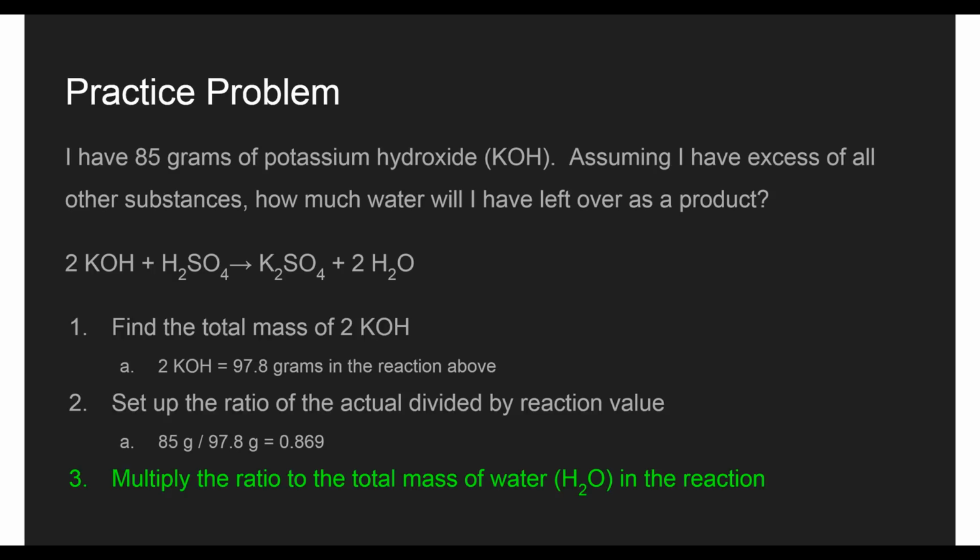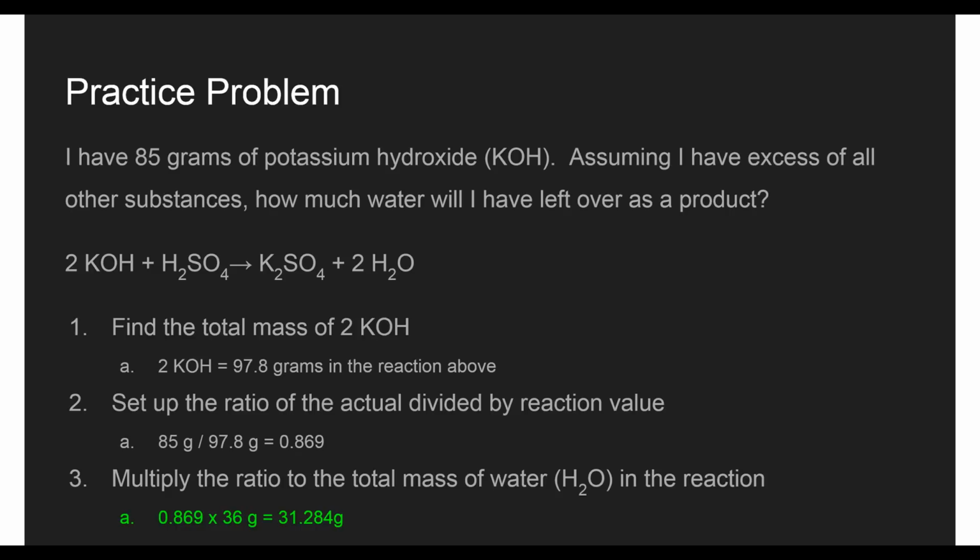So, if we do that, we have our 0.869, and we're multiplying that by our 36 grams, because that's our total mass of our 2 water molecules, or 2 molar water molecules, I'm sorry, or 2 moles of our water.